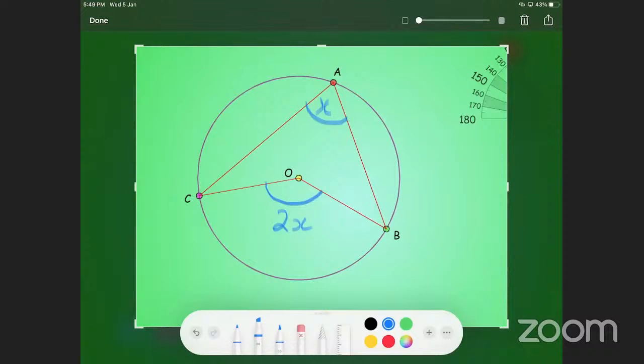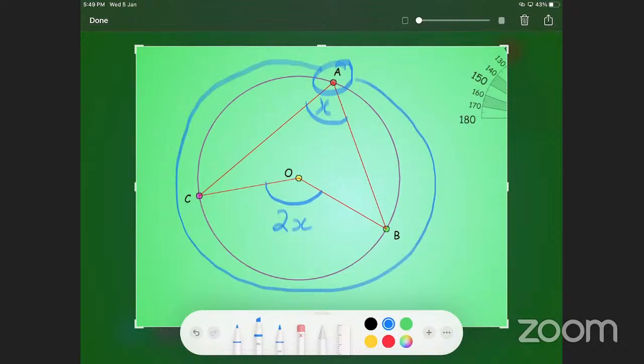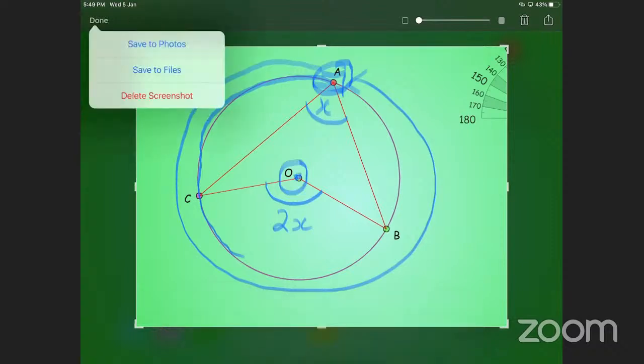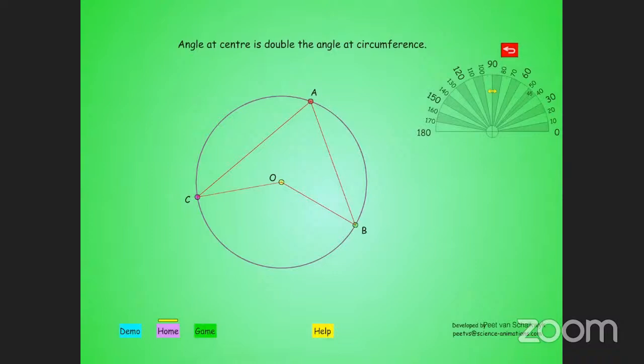Are we following? Okay. Now what I'm going to do is move this angle A all around the circle, and you're going to see the possible shapes that it will form. The property still holds because the A is not moving off the circumference, and the same applies with the angle at the center. So let's try that.